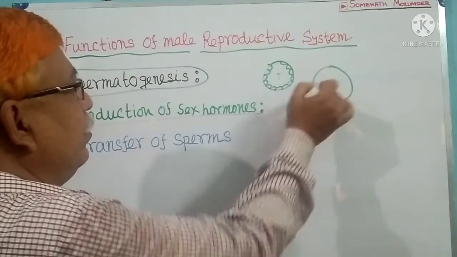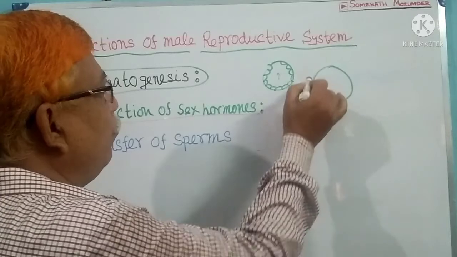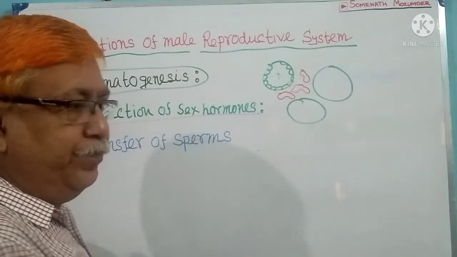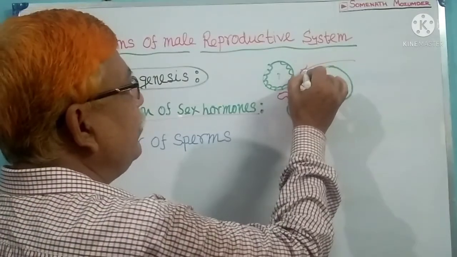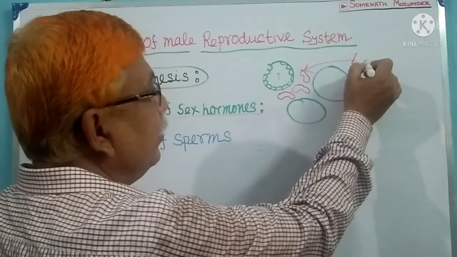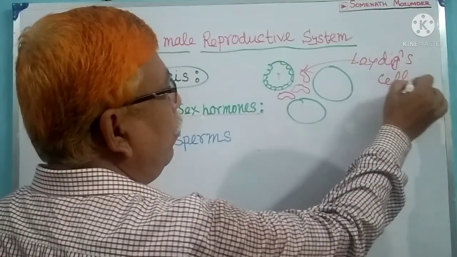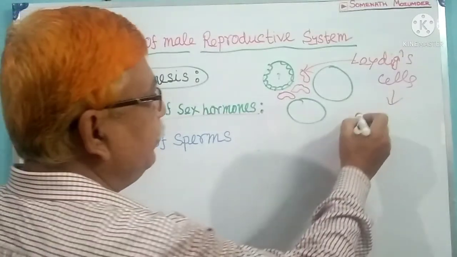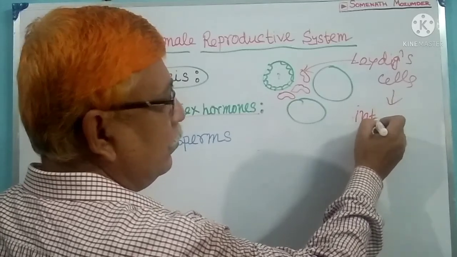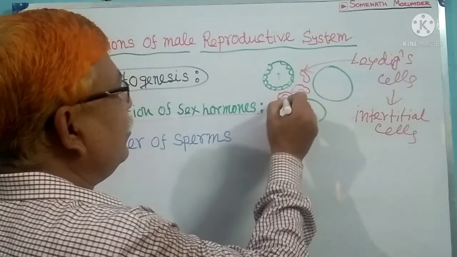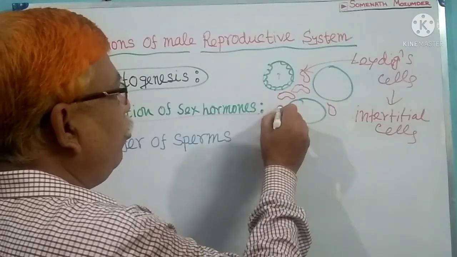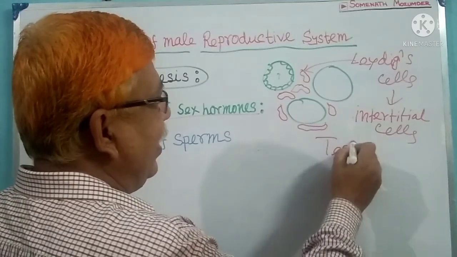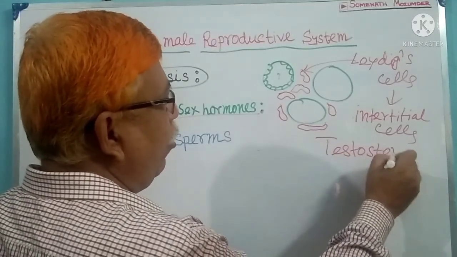Production of sex hormones. In between the seminiferous tubules, we find Leydig cells. These are the Leydig cells, or these cells are called interstitial cells, and these interstitial cells produce the male sex hormone named testosterone.